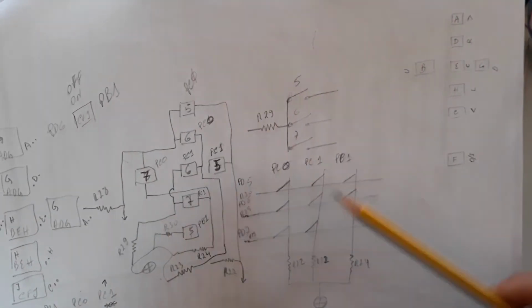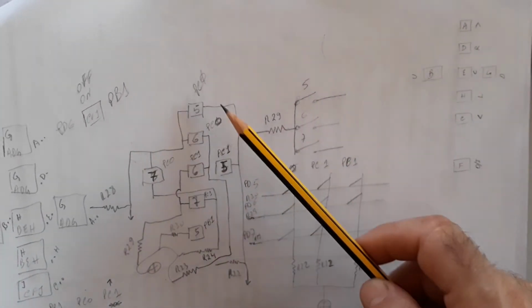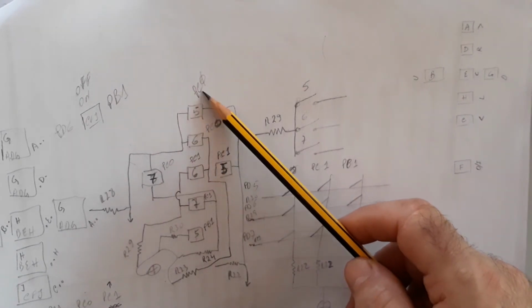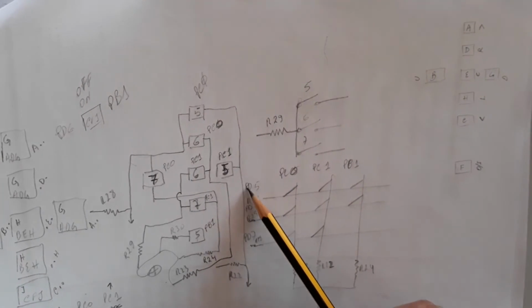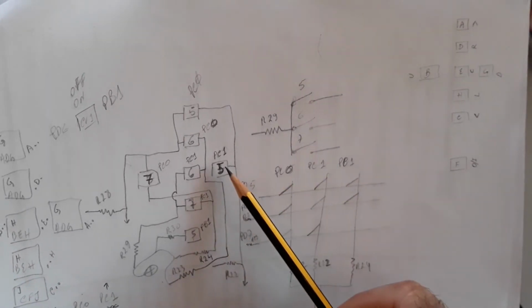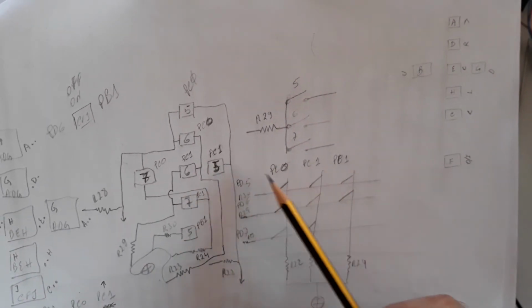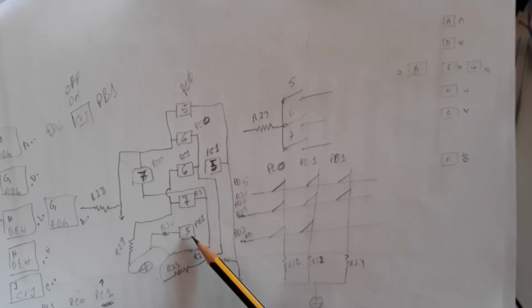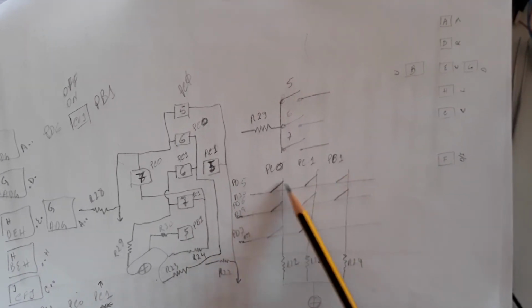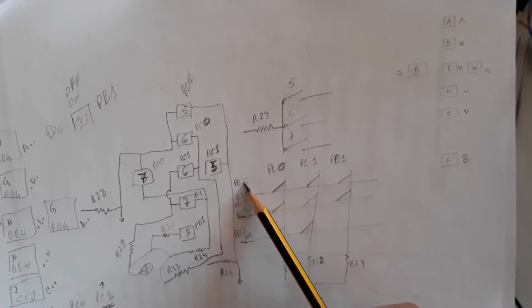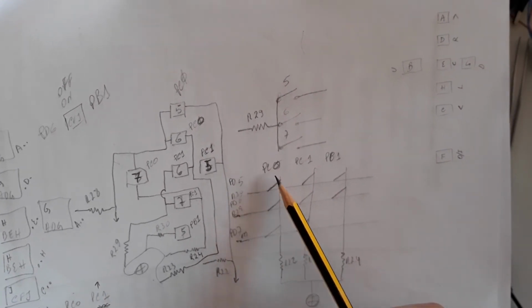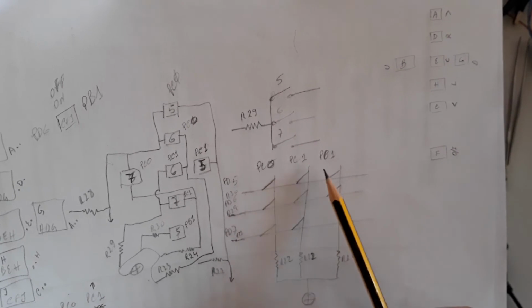Related with PD5 you have PC0, then PD5 with PC1, and then PD5 with PB1. So PD5 interacts with PC0, PC1 and PB1.